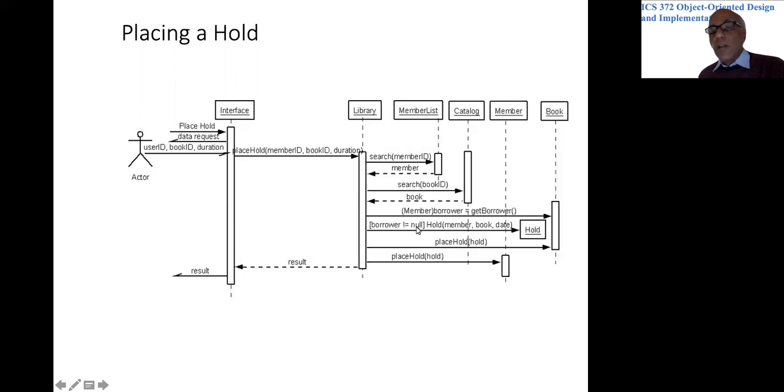If the borrower is not equal to null, this is a guard. We are creating a hold object. See that this hold object is created here. It is not up along with the other objects. It starts its life only here. And this hold object is going to store the member, the book, and the date.